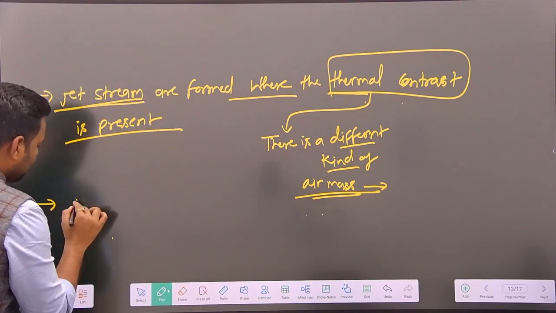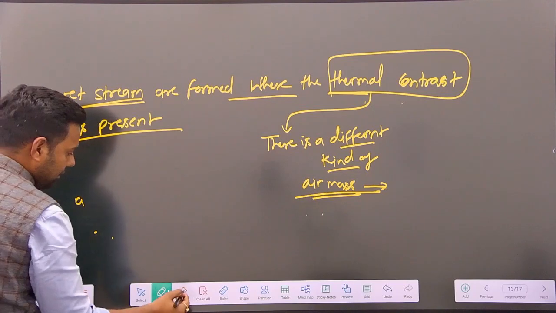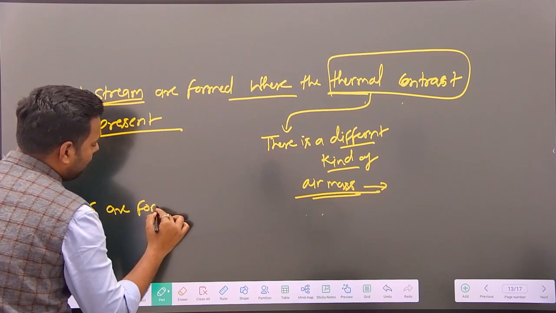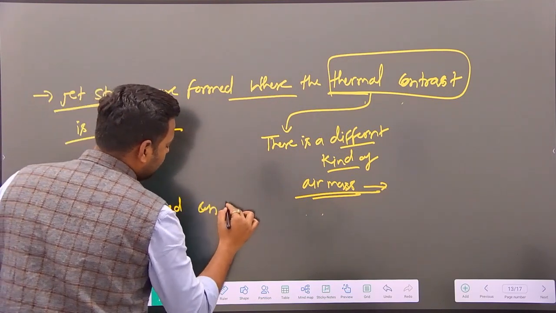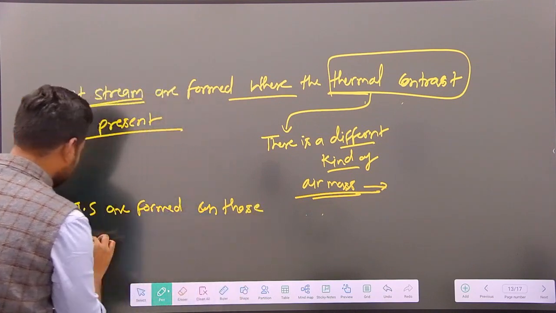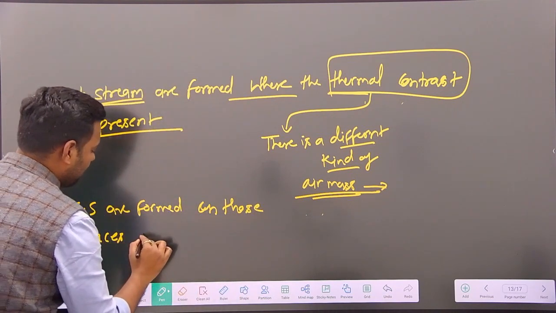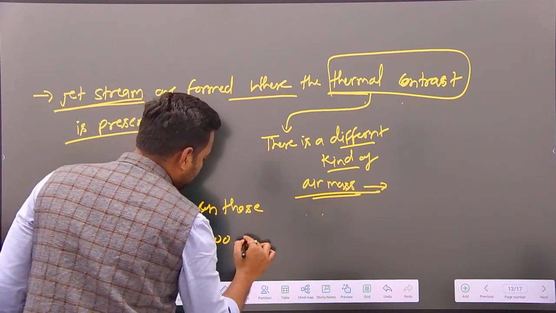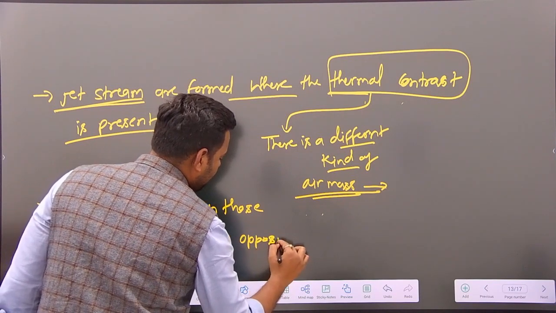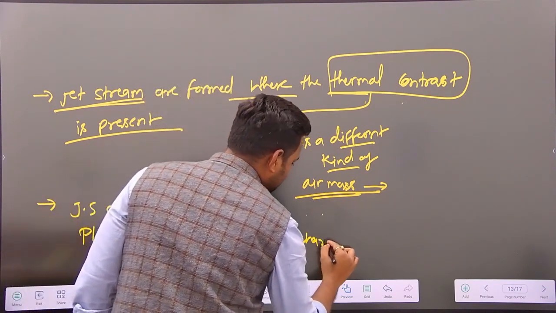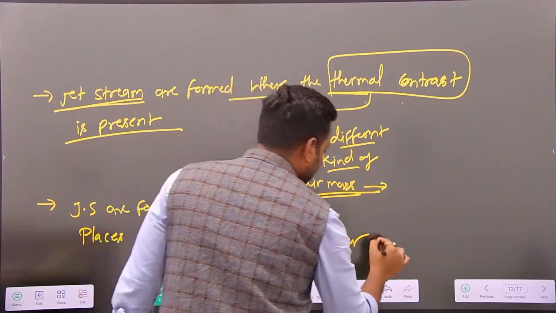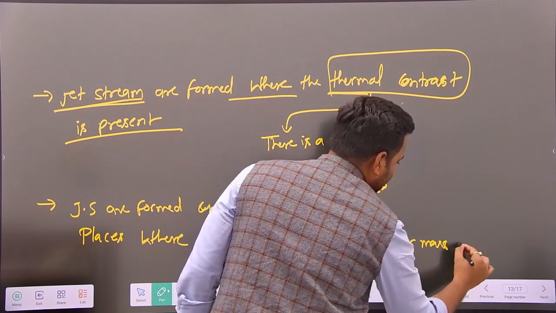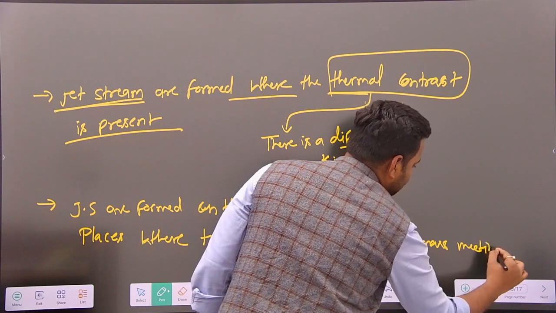We also write down this: jet streams are formed on those places where two opposite characters of air masses are meeting together.